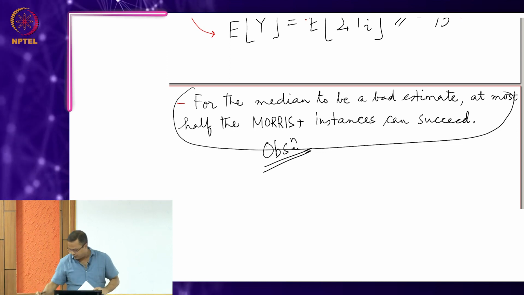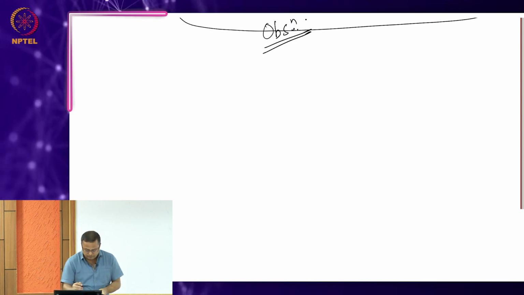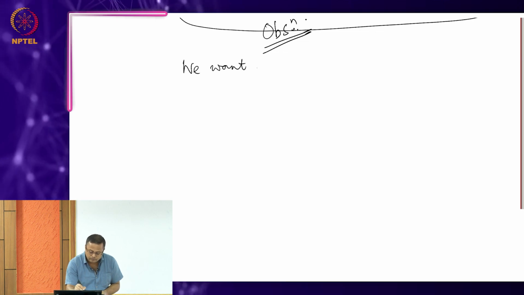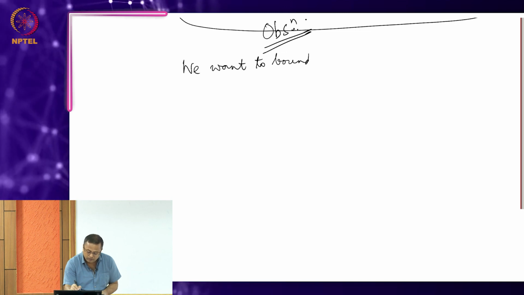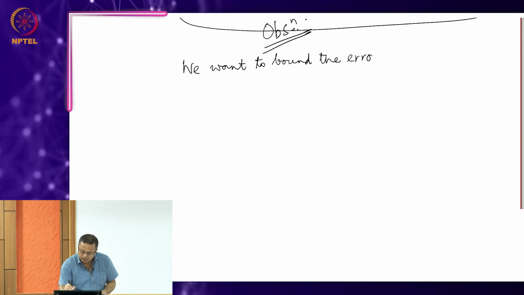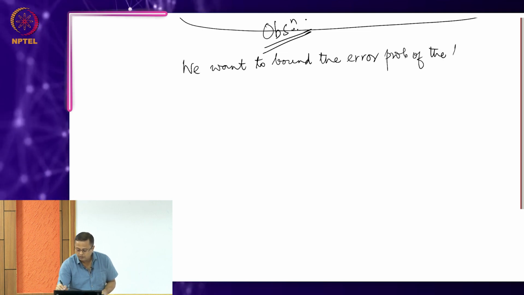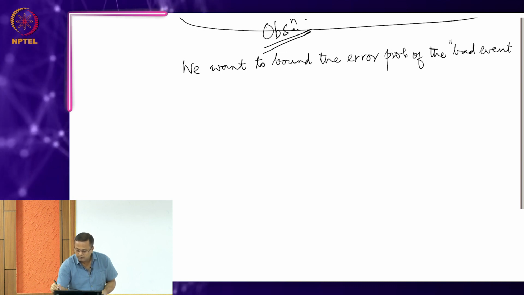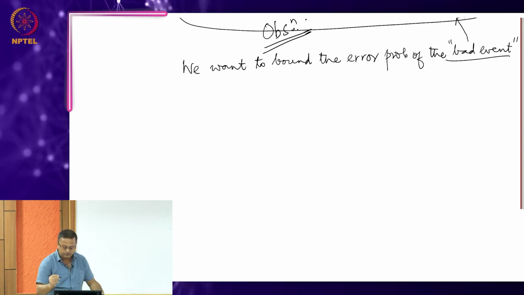Now, it is just a few lines of Chernoff. So, we have already defined what is the bad event in this observation.